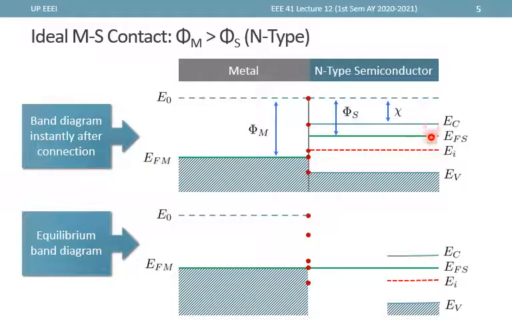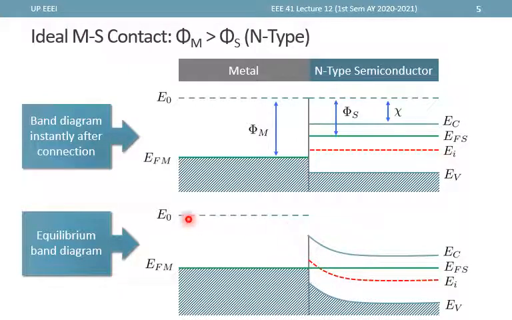So the relative differences here should be the same. Now, since EC is at this energy level at the flat band region, far from the junction, whereas at the interface EC is here, the only thing that can happen is that the energy band must be bending in this direction. It cannot bend in that direction and then go flat, so it must bend in this manner.